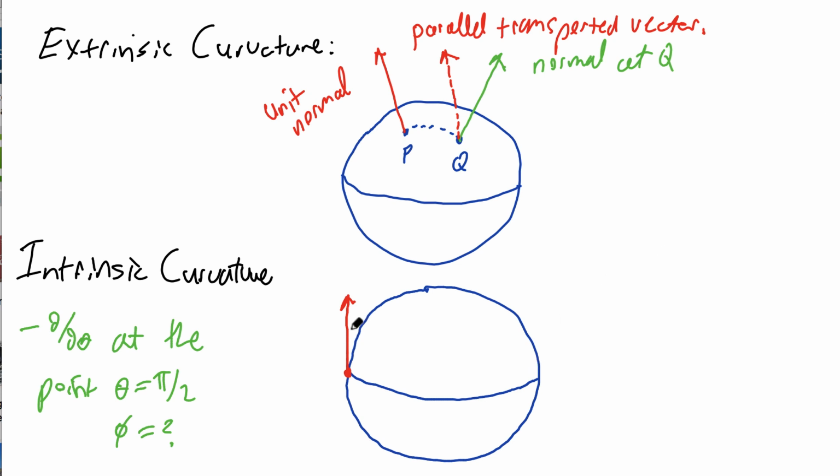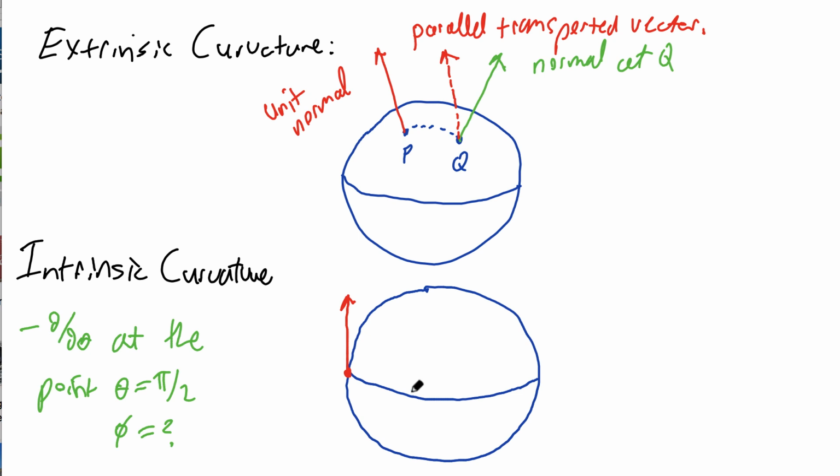So now what we're going to do is take this vector and parallel transport it around a loop, and when we bring it back to where it began, we'll see if the vector has rotated or changed any. We'll take the loop to be along the equator to the far end, then across over the North Pole and back.